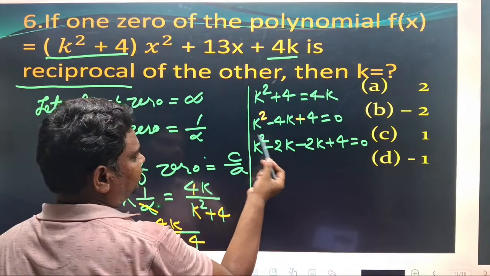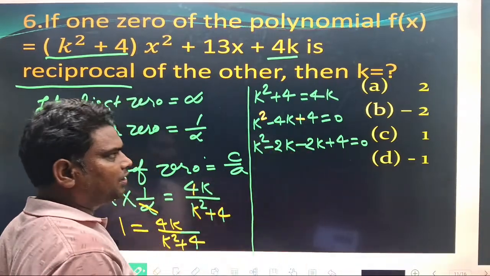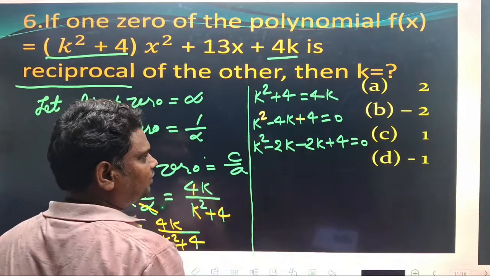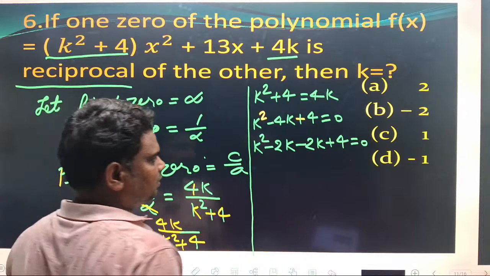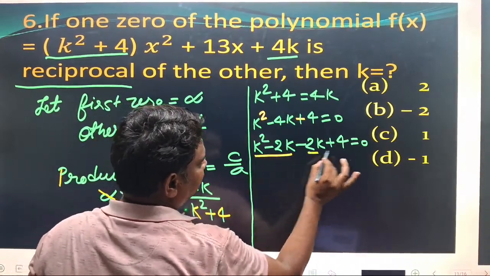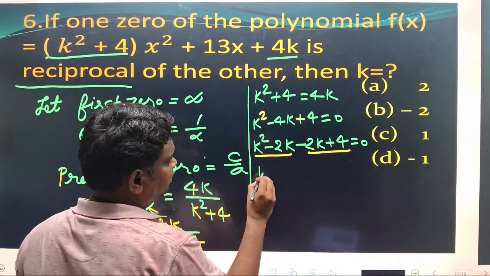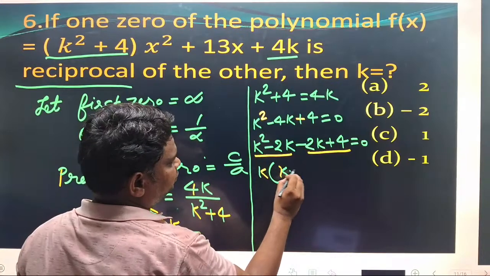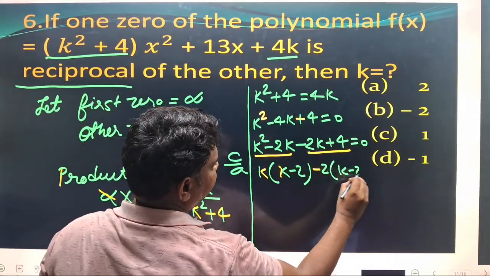Now you see here, positive, positive, positive. 4 is factorized as 2 times 2, and 2 plus 2 is equal to 4. Now take common from these two terms and from these two terms. The common factor is k minus 2, and here minus 2 common, k minus 2.